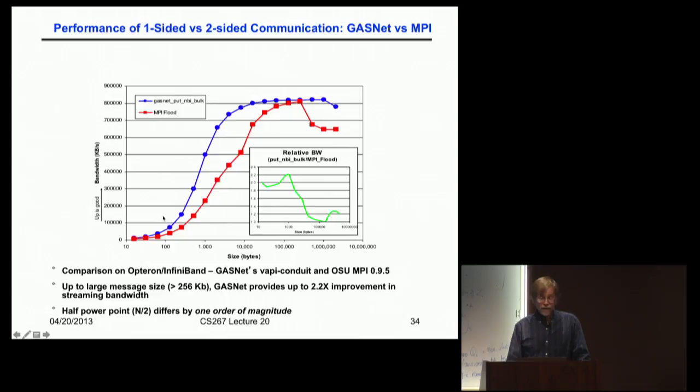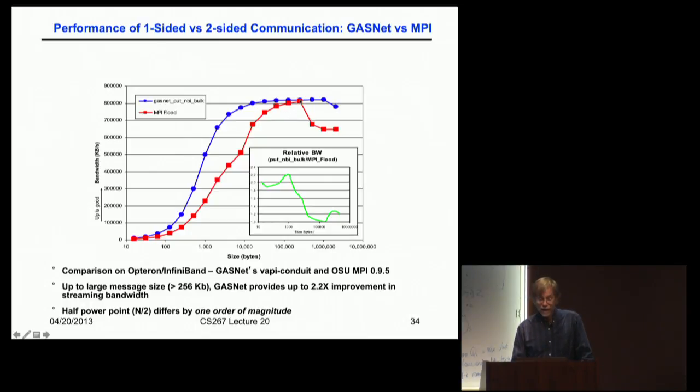I'm sending a really, really large amount of data from one processor to another, but I'm breaking it up into pieces of different sizes. This is on a log scale, so I could be sending all this data in chunks of 10 bytes, 100 bytes, 1,000 bytes, up to 1,000,000. The vertical axis is the measured bandwidth, the actual accomplished bandwidth, so up is good.